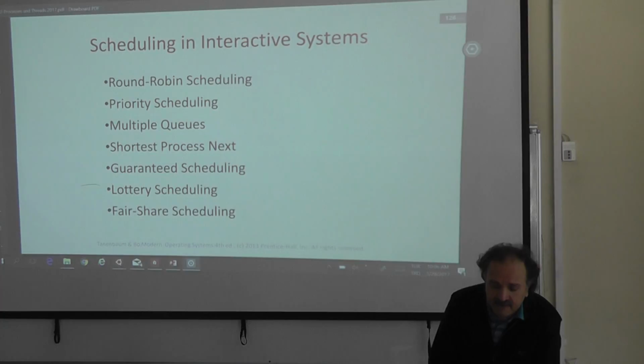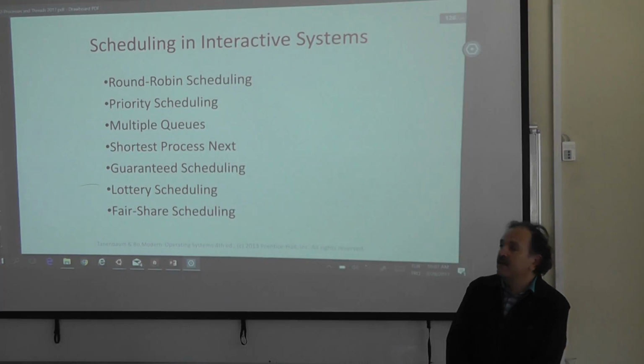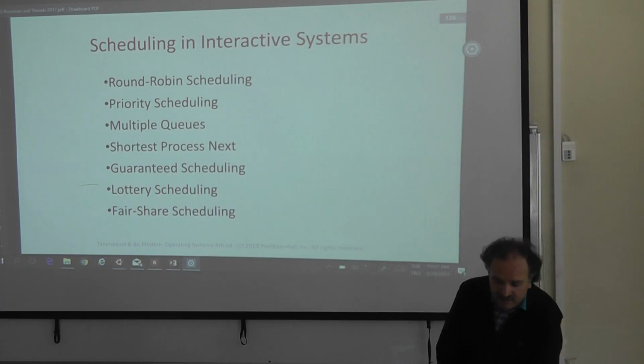So interactive systems. What was the purpose of the interactive systems? To stay responsive. If the user wants to interact with the system, the system should be responsive. That was the main thing in mind. That's why we said that preemption is a crucial part of these interactive systems.